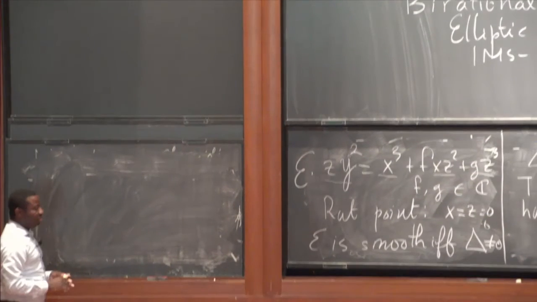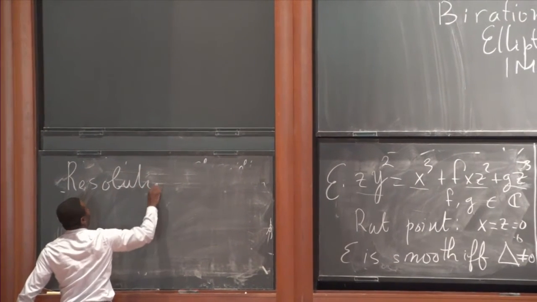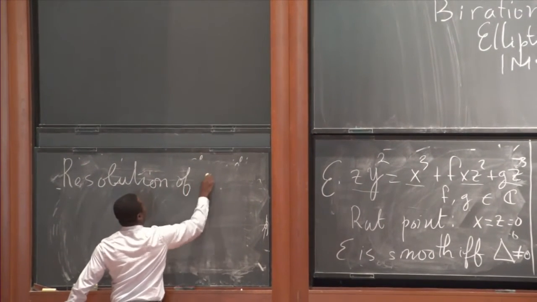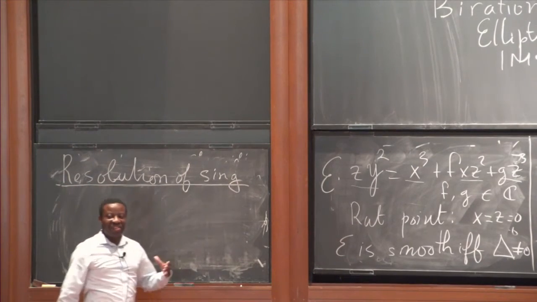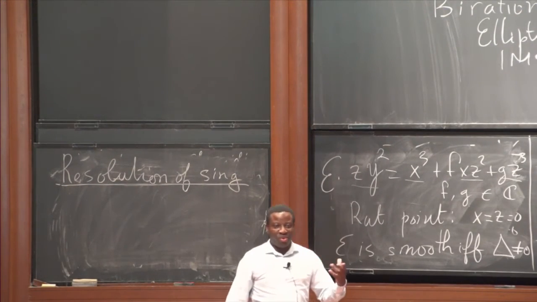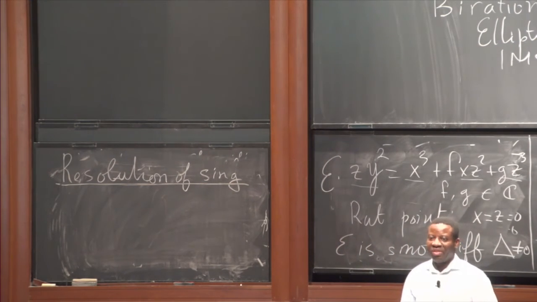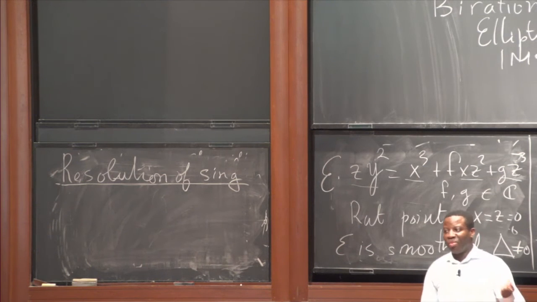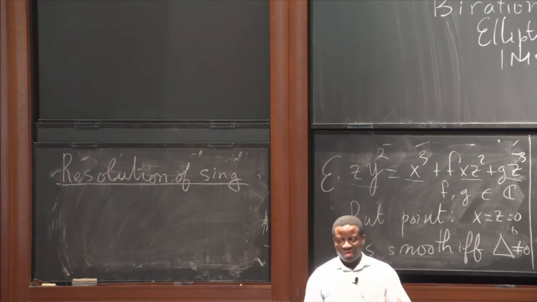The idea of resolution of singularity is very simple. I always like to think about it as a good example to show people how you actually think about problems in mathematics. You have a singularity, you want to remove the singularity. What does it mean to remove a singularity?